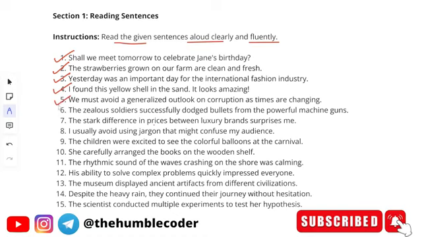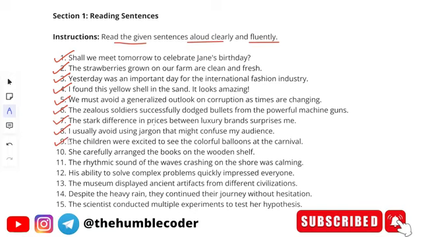Fifth, we must avoid a generalized outlook on corruption as times are changing. Sixth sentence, the zealous soldiers successfully dodged bullets from the powerful machine guns. Seventh sentence, the stark difference in prices between luxury brands surprises me. Eighth, I usually avoid using jargon that might confuse my audience.